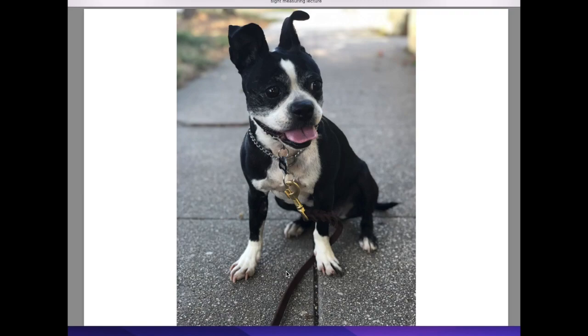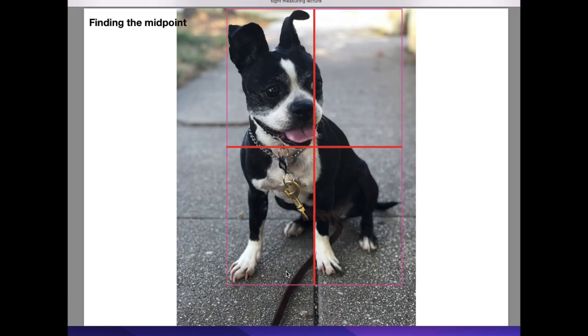Okay, so let's do some more measuring on this photo. I'm going to find just the midpoint of the subject, right? So I'm ignoring the rest of the composition and saying, I want to place this dog in a drawing somewhere else, and I still want to correctly draw her.